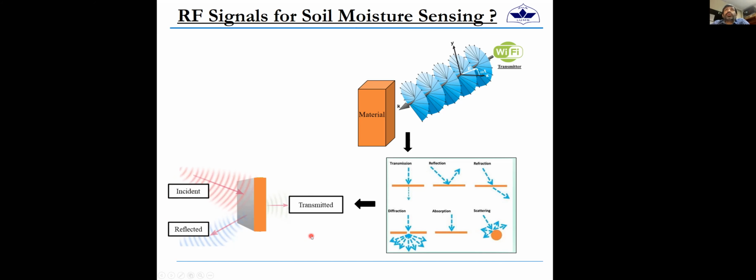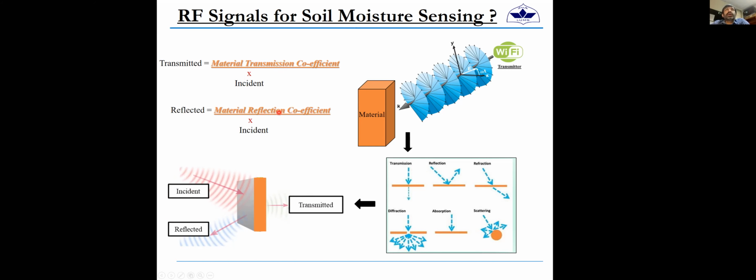Yes, we do know, but it depends only on this material. So if we know the material's physical properties, for example, the transmission coefficient of the material, then we can tell how much of the incident wave is being transmitted. And then there is another property, the material reflection coefficient.